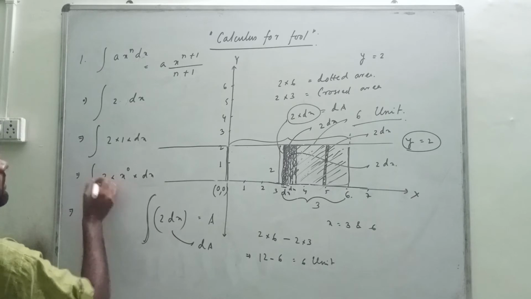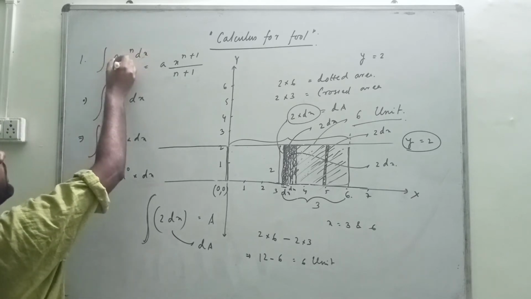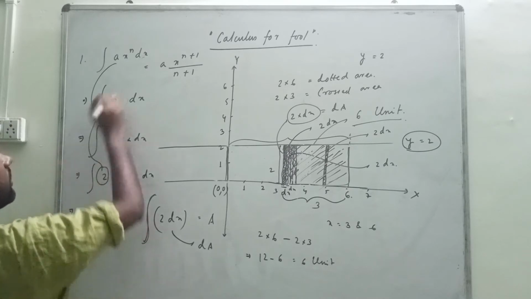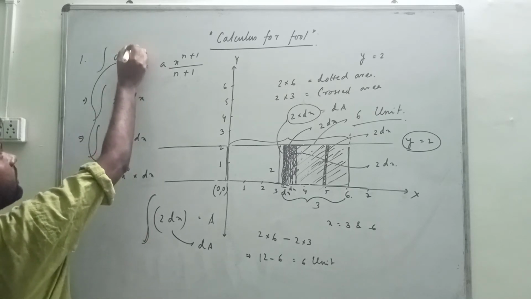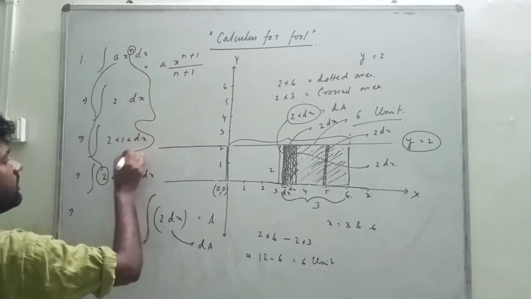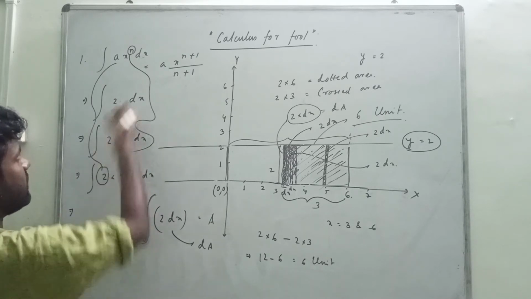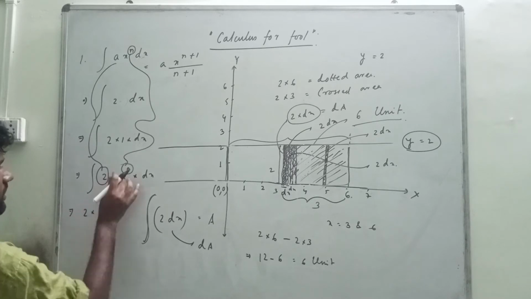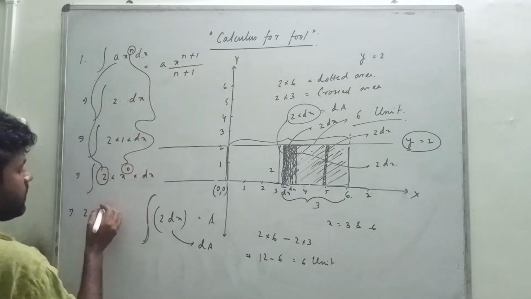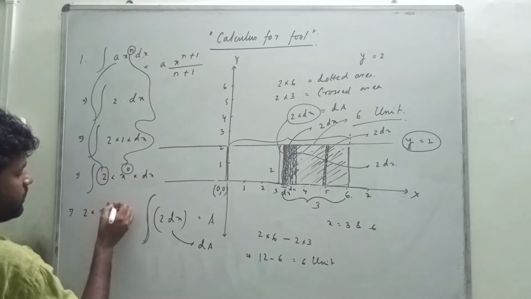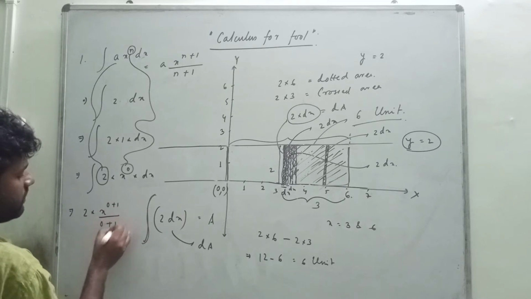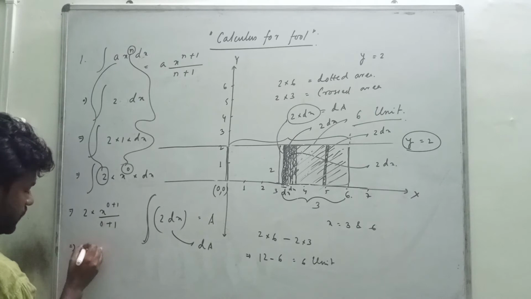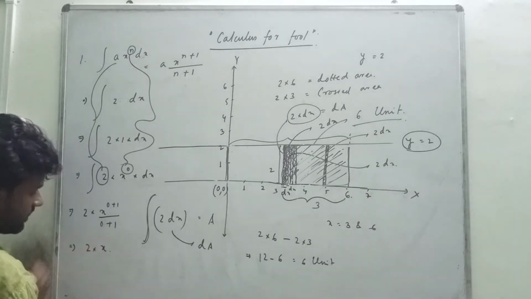So what will happen here? Just use the formula. 2 is a constant, and x power n, where n means 0 here. So 2 remains constant and x power 0 goes to x power 0 plus 1 by 0 plus 1. That means simply 2 into x, right?